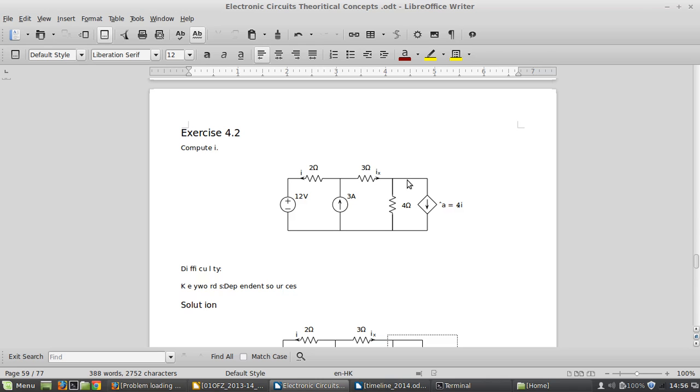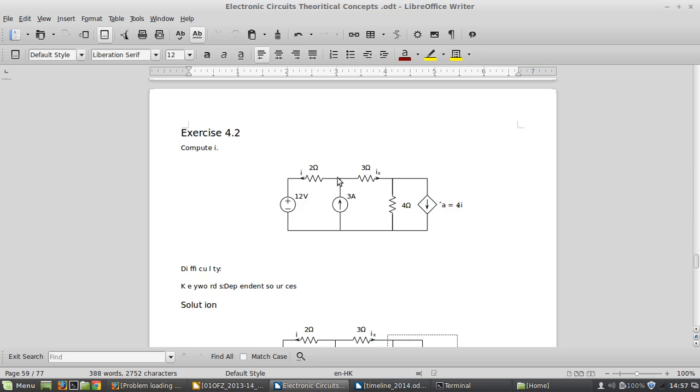The current here will be ix, flowing this side, so ix minus 4ix gives minus 3ix. But there will also be a minus here, so the current will be 3ix. Then, what can be done here?